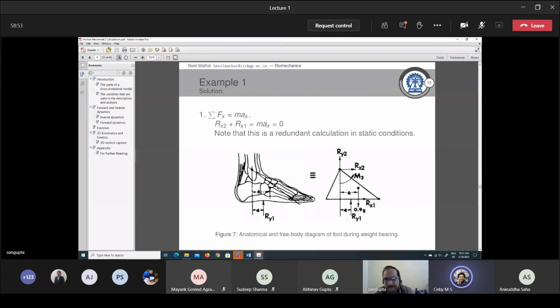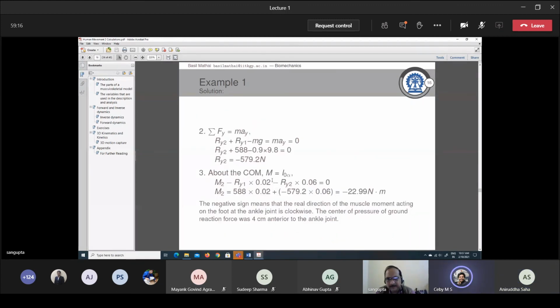And since Ax is 0, from the first equation Rx2 is also 0. Yeah, so there is a step missing. Since Rx1 is 0 and Ax is also 0, Rx2 is also 0.